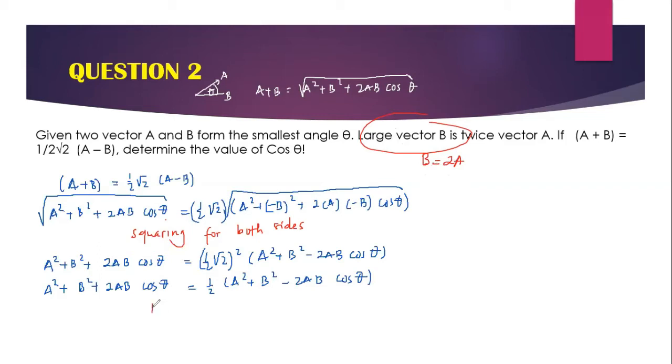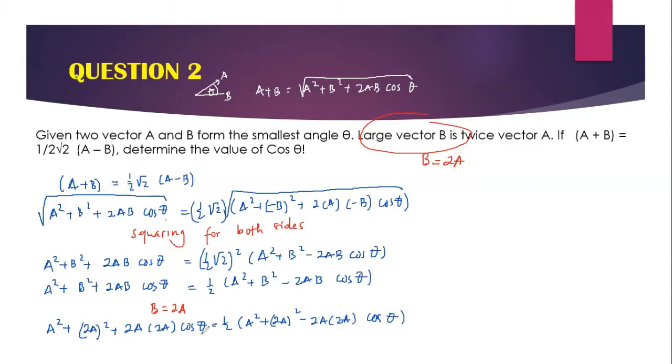B equal to A. So A square plus 2A square plus 2 times A times 2A cosine theta equal a half, A square plus 2A square minus 2 times A times 2A cosine theta in the bracket, right?